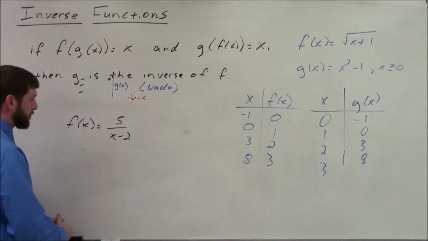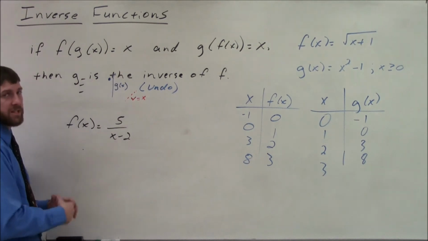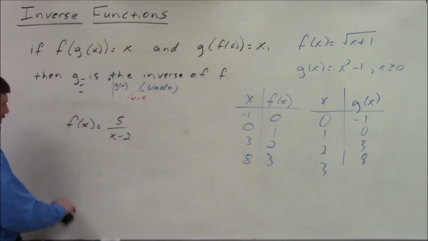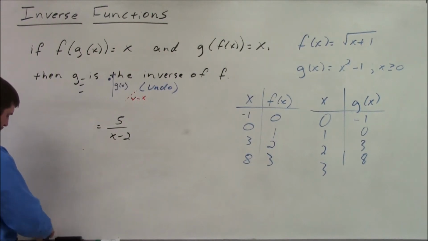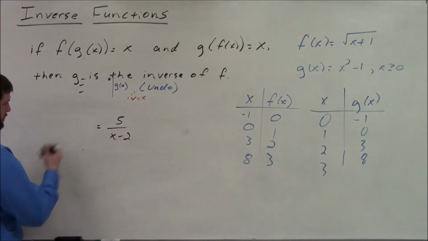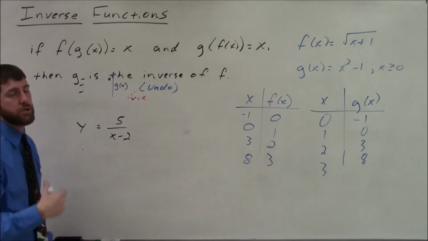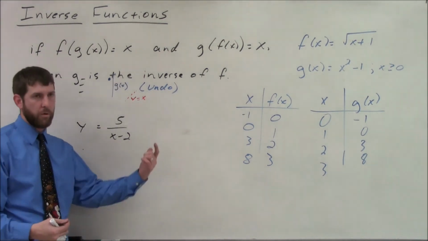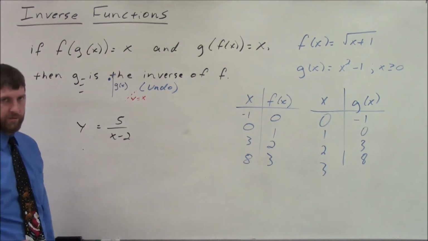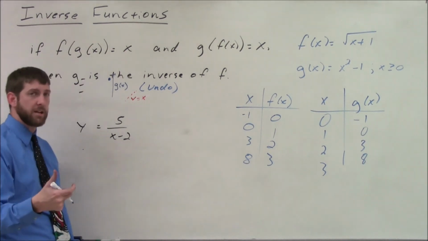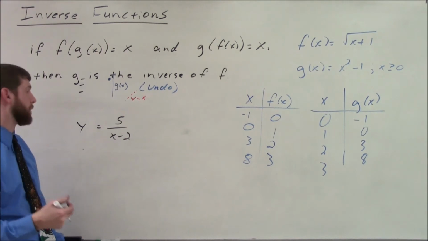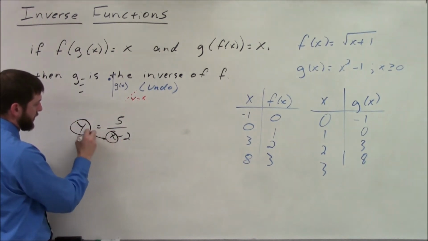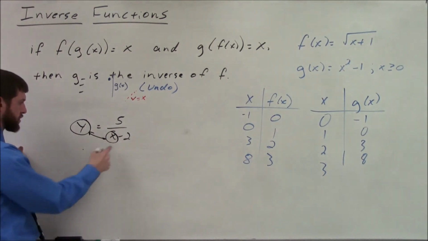Well, we represent the domain with the x, and we represent the range, the output, with the f of x. Well, just to make it a little cleaner, I'm going to represent it with a y. So if we are swapping the domain and range, all the domain values of one function become the range values of the other function, then my representative of that domain needs to swap also. So we are literally going to swap the domain and the range within the function.